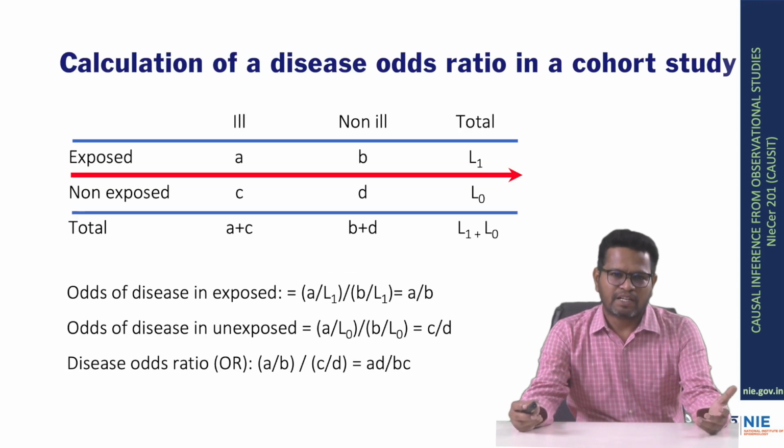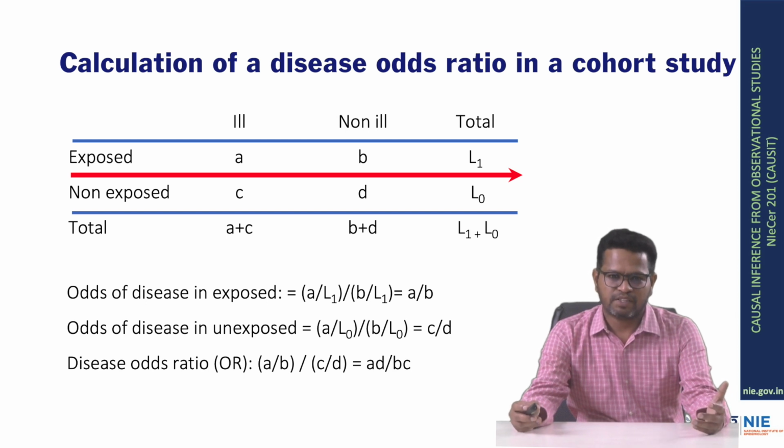We can also calculate the disease odds ratio in a cohort study. First, we calculate the odds of disease among those exposed. Here, the numerator will be the probability that the disease will develop in an exposed person, that is A divided by L1, and the denominator will be the probability that they will not develop the disease among exposed persons, that is B divided by L1.